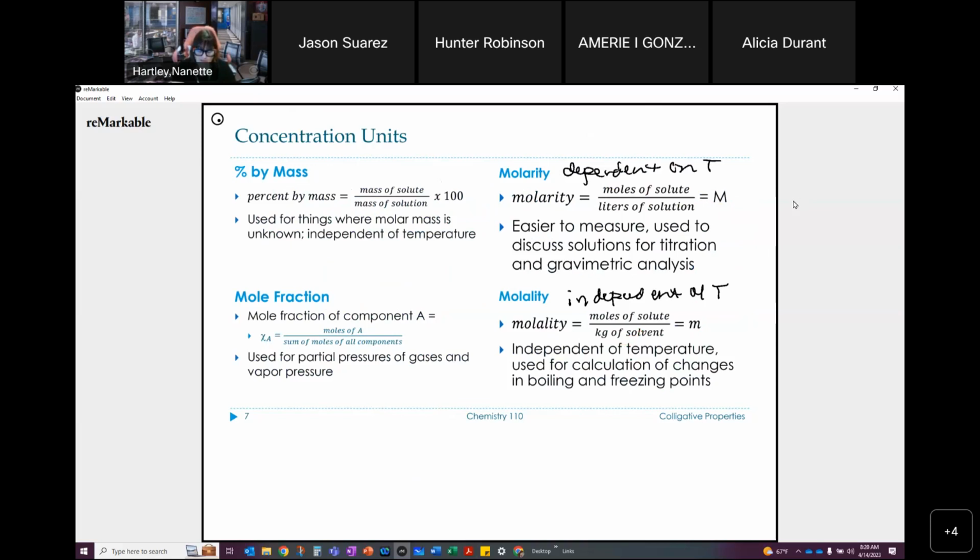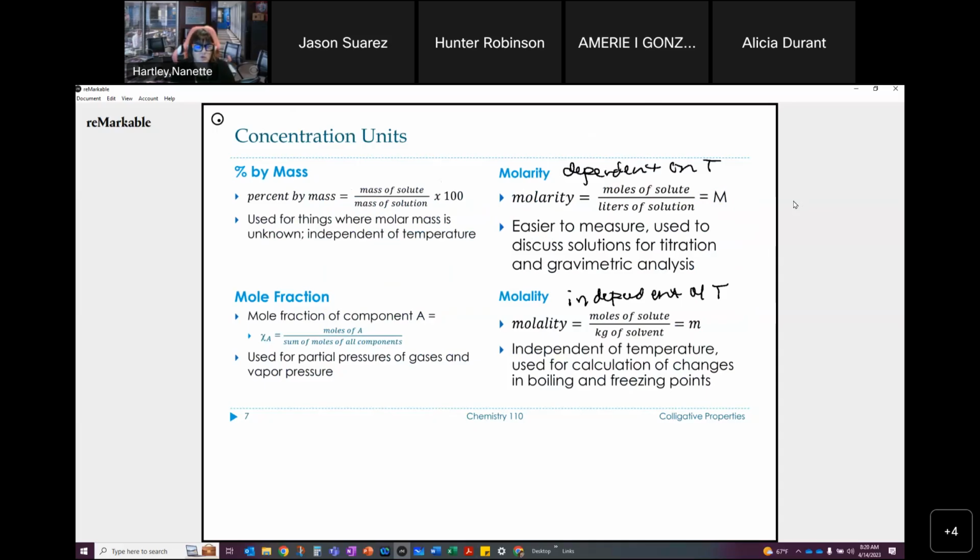Now, are we going to need to be able to convert between these things? I'll give you some examples where I ask you to convert in between them. Yes. But that is not something you will see on a test. What you may see is that you're given a molarity and you need to find a molality to be able to do a calculation that you've been asked to do. That's a fairly common thing.